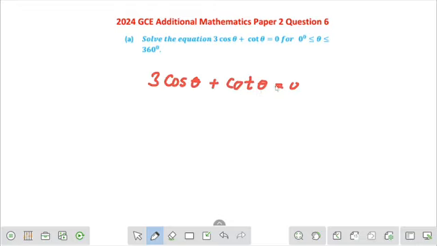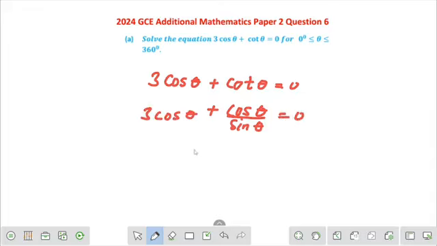Cot theta is a trigonometric identity which gives us cos theta over sin theta. This is what cot gives us. So here we are going to write 3 cos theta plus cos theta over sin theta equal to 0.